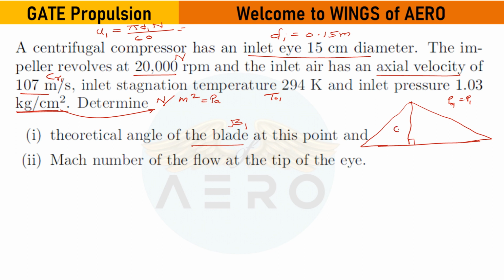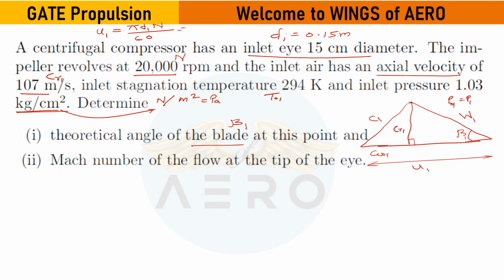CR1, here they have given beta 1. This is W1, the relative velocity. This complete one is U1. This is C1 and this is CW1. In this question, they didn't give inlet guide vanes, so directly we can take alpha as 90.